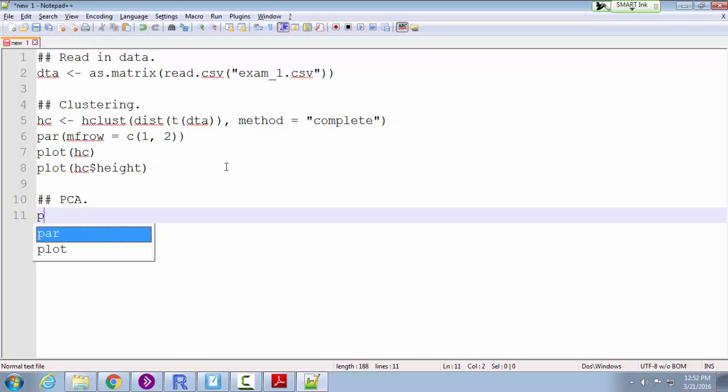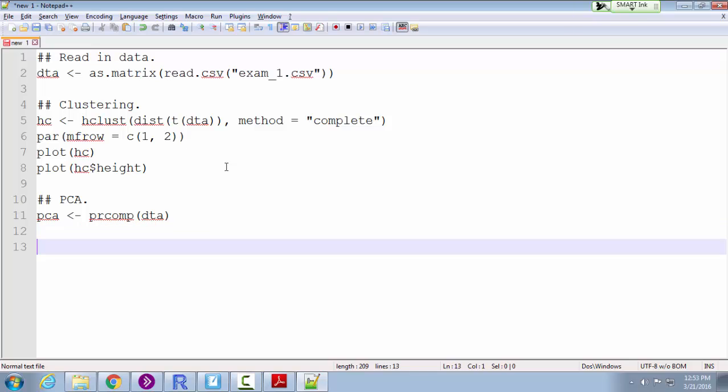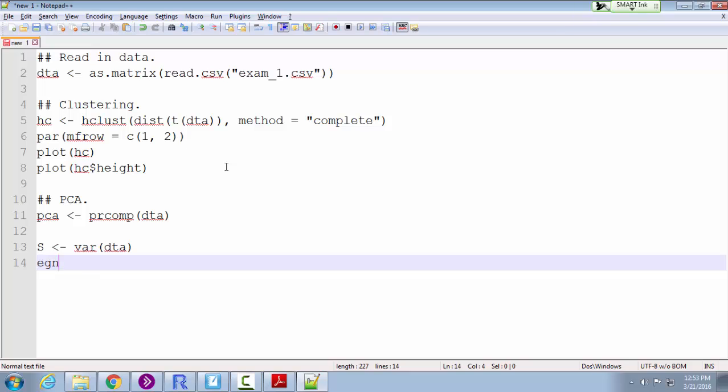So I could say PCA is prcomp of data. When you just use prcomp, the default is to not standardize your data prior to using it. And that's equivalent to doing eigenvalues and eigenvectors of the sample covariance matrix. So the sample covariance matrix is this thing, and here's the eigen stuff for that.